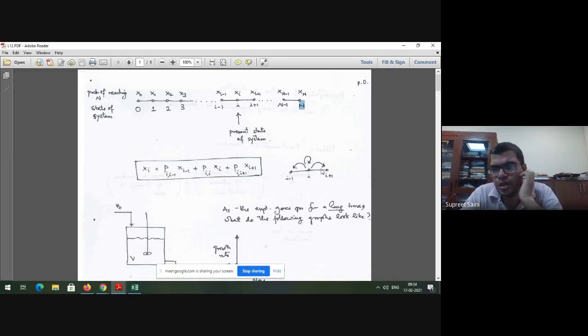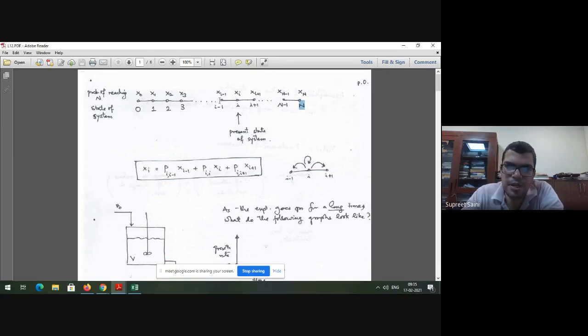After one time step, the probability that I reach I minus 1 is p(i,i-1). In the first term on the right hand side, the scenario that I'm envisioning is that this is my current state, and in one time step, I move to this state, and then this becomes my starting point, and I have to reach n.